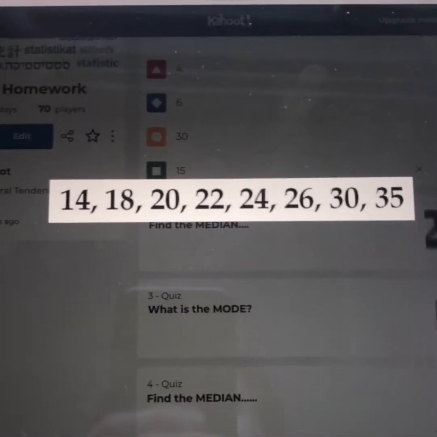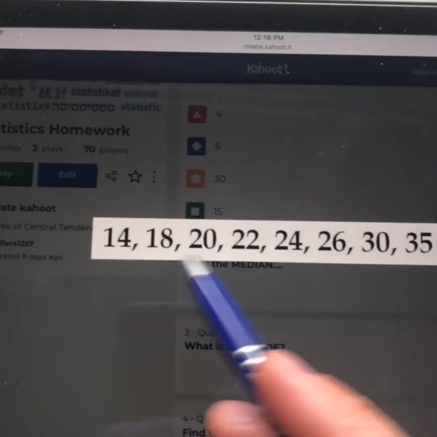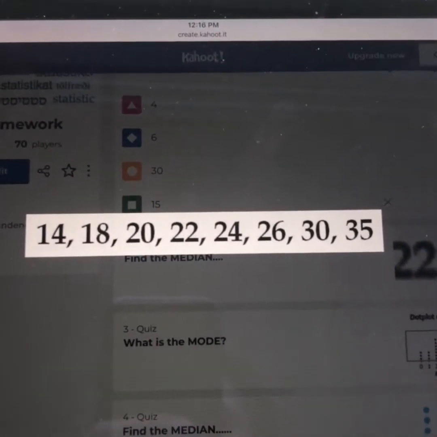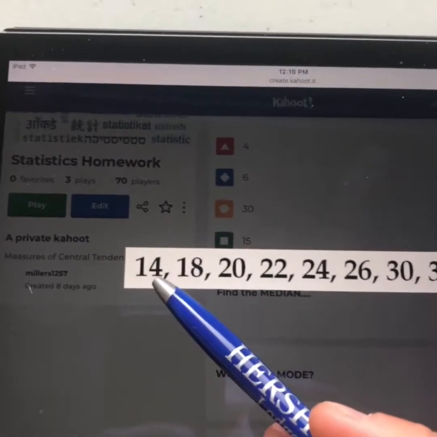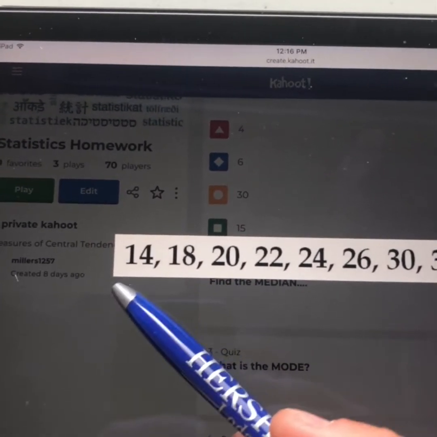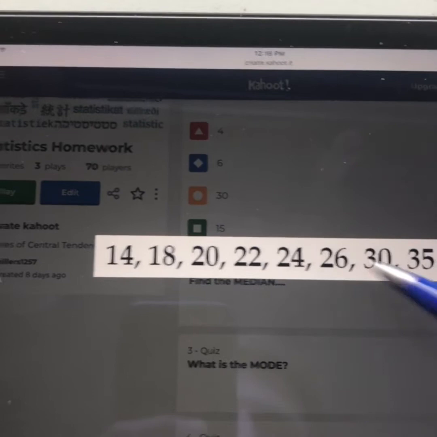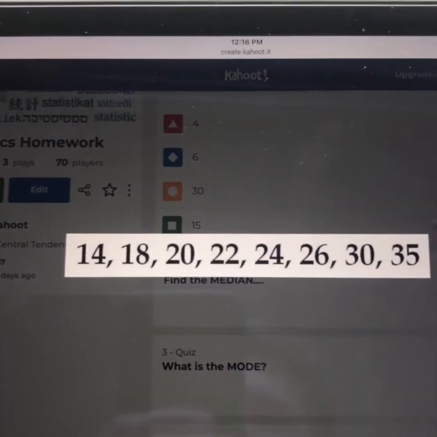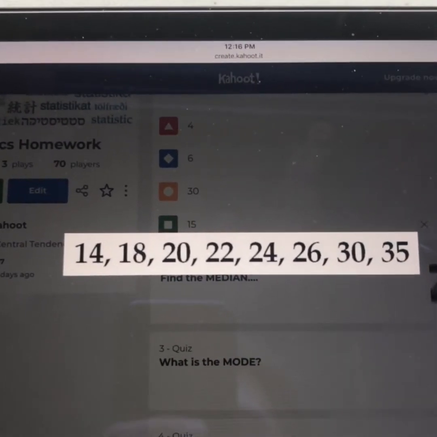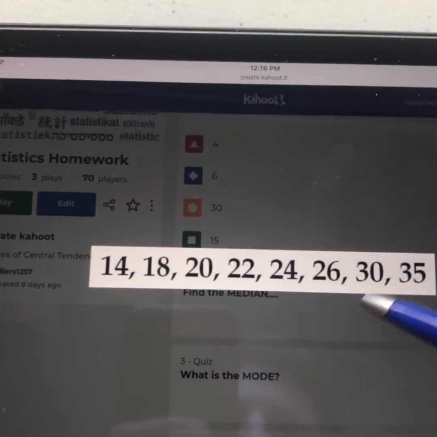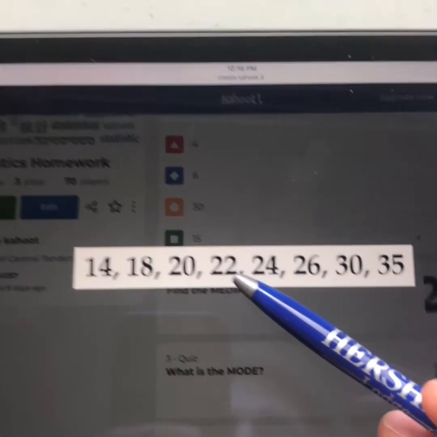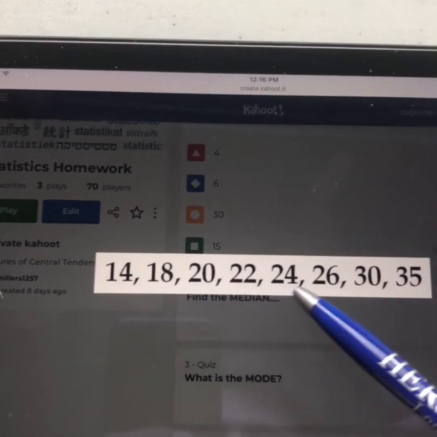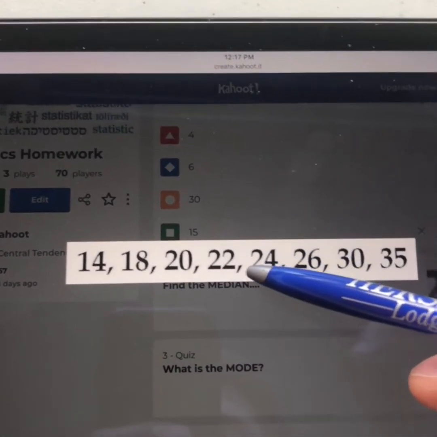The next one talked about median. Luckily for us, they were all in numerical order already, from least to greatest, which helps us find the median. If I wrote these on paper, I would just start crossing off. 14's gone, 35 gone, because that's the smallest and the largest number, and you keep doing that pattern until you get down to, if it's an odd number of values, just one number left in the middle.